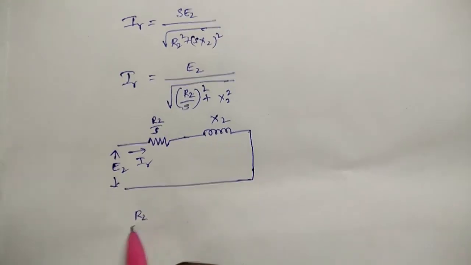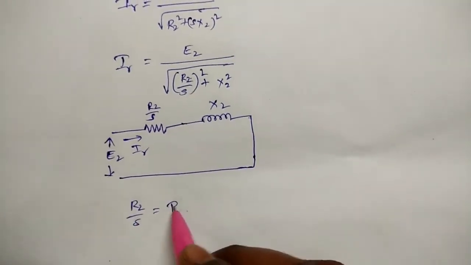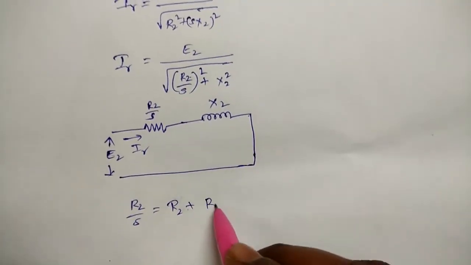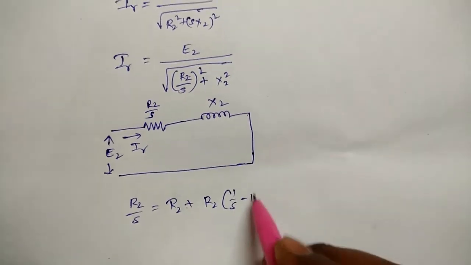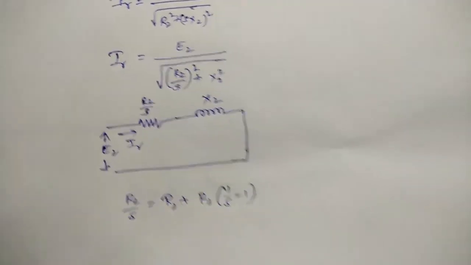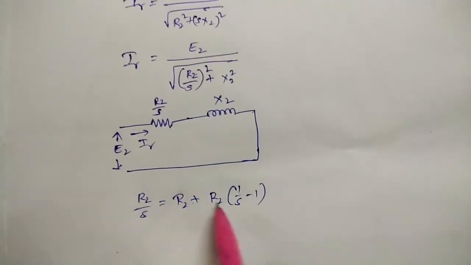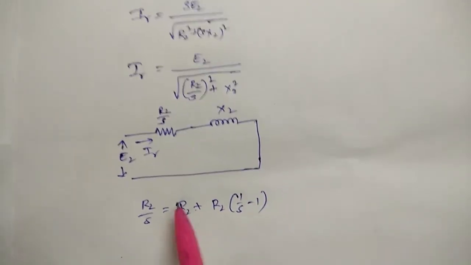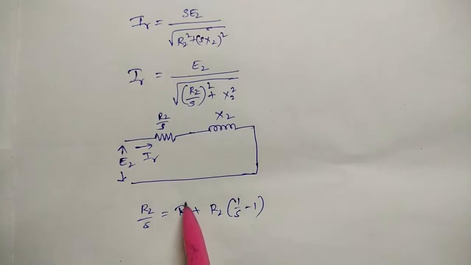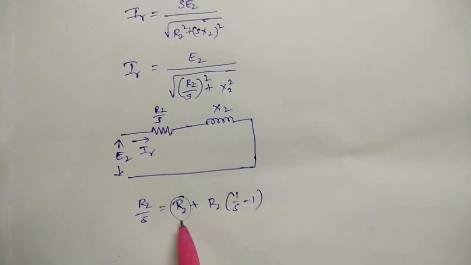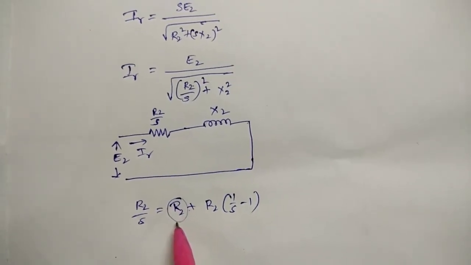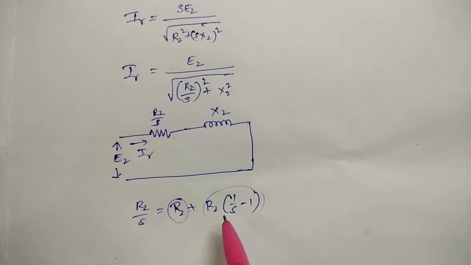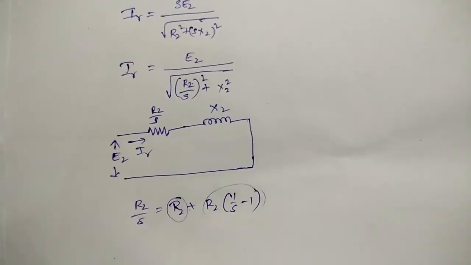Now let us write R2 by S is equal to R2 plus R2 into (1 by S minus 1). Can we write like this? R2 and R2 will be cancelled, R2 by S will remain. This R2 part belongs to the rotor copper loss, and this part belongs to the mechanical power developed.